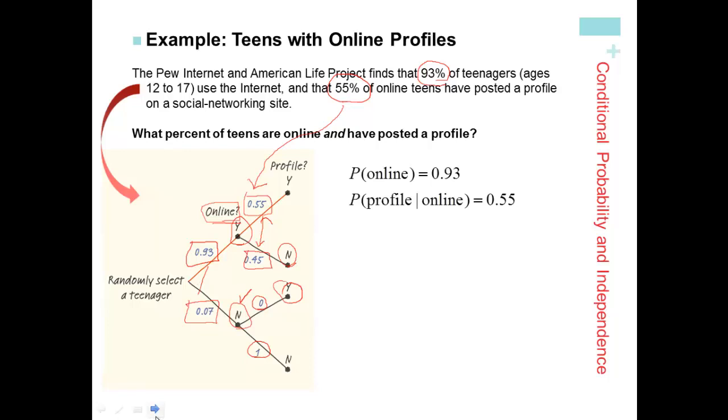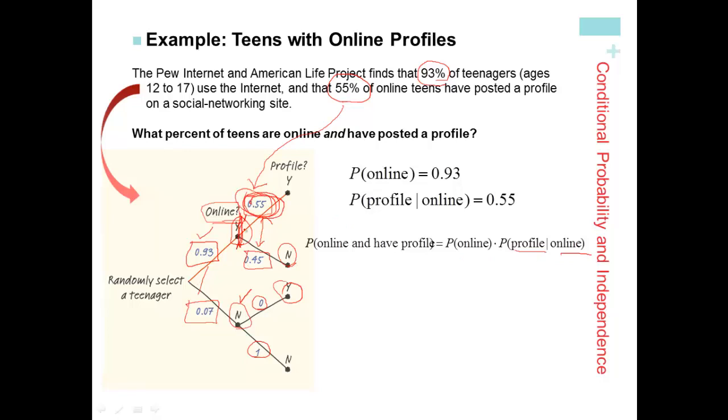Again, there's my probability of online is 0.93, and the probability of a profile given that they're online is 0.55. So if I'm finding the probability of online and have a profile, I'm going to multiply the probability online, which is the 0.93, times the probability that they have a profile given that they're online first. That's this part of the tree.